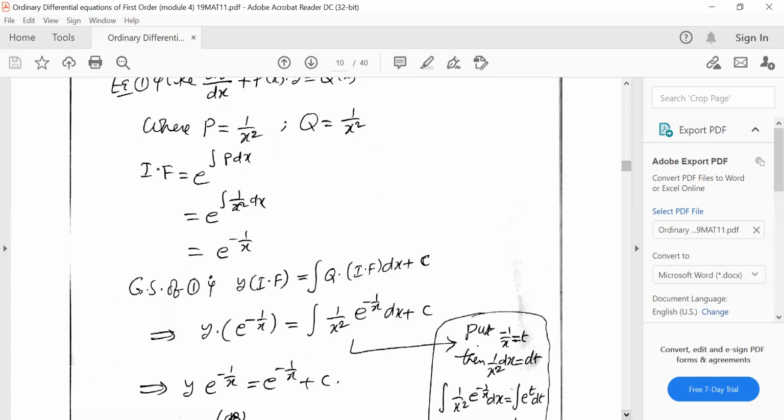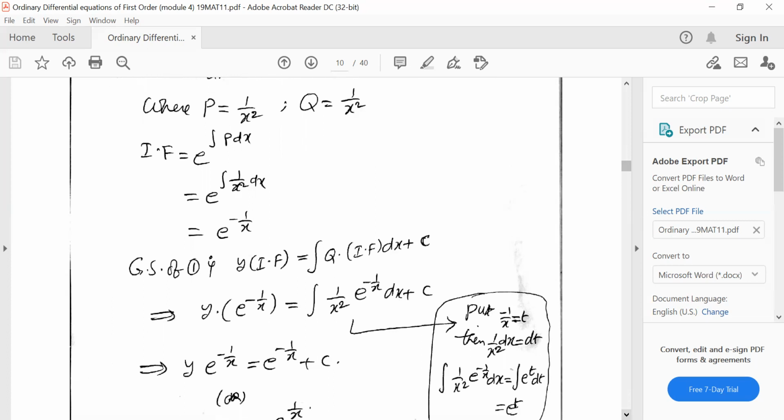Then the integral we need to do is 1 by x square into e power minus 1 by x. Here e power minus 1 by x is there, so it is better to use a substitution method whenever we have such functions of x in the e power. Taking minus 1 by x as t, the differentiation of minus 1 by x is 1 by x square dx equals dt.